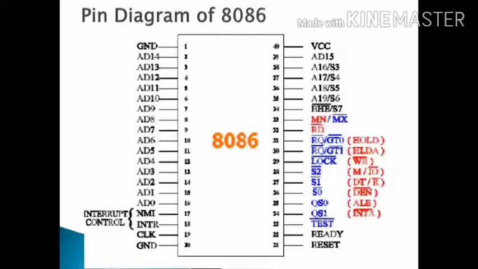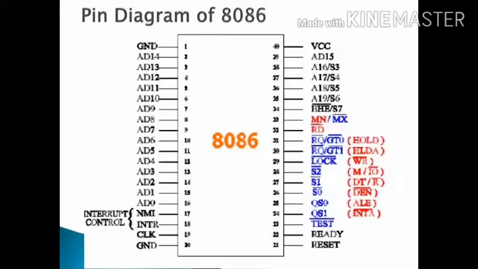It is already a vectored interrupt, so 8086 knows where to branch to service the NMI or non-maskable interrupt. It also has higher priority than the maskable interrupt. If both of them are active at the same time, the non-maskable interrupt will be serviced first.